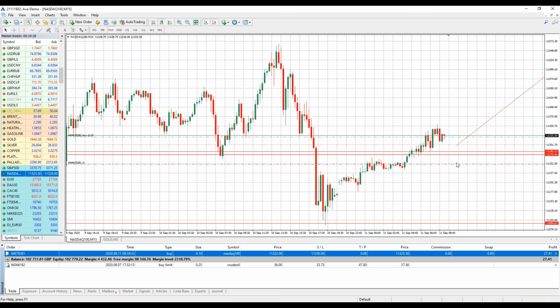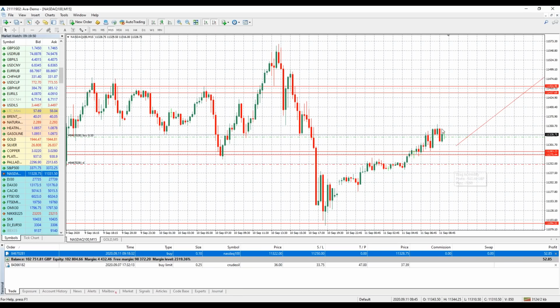Where would I take profit here? Technically speaking, I see resistance here. Okay, resistance and drop, resistance and drop, resistance, drop, resistance, drop. So if this is going to go running up, a spot that I might think to take profit is maybe before that first resistance level up here, which is about double what I'm risking.